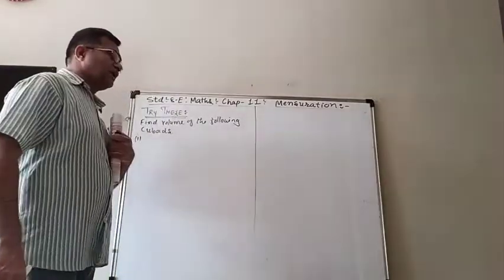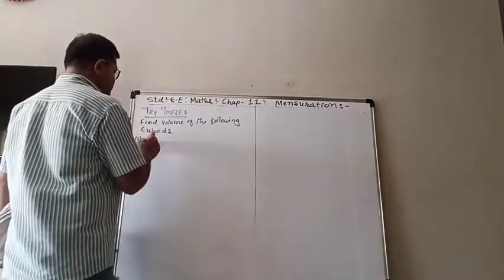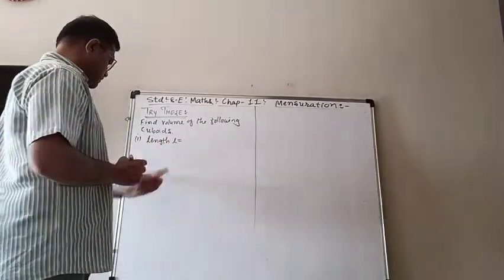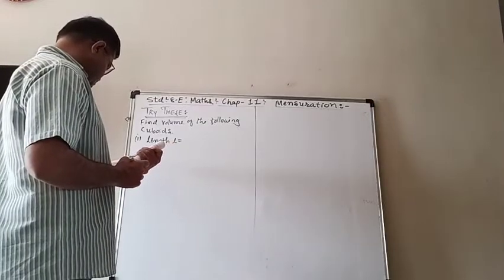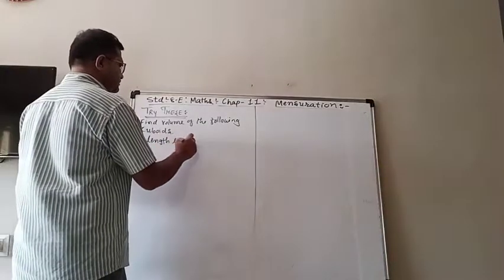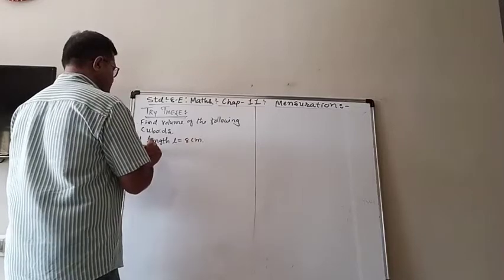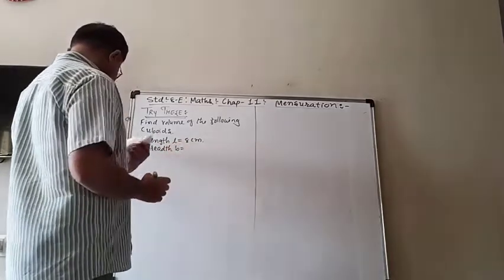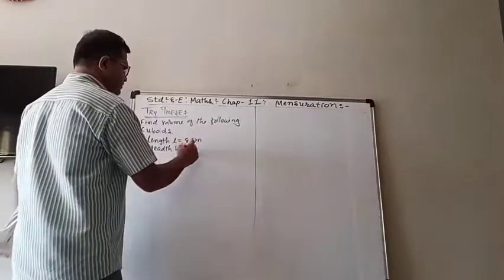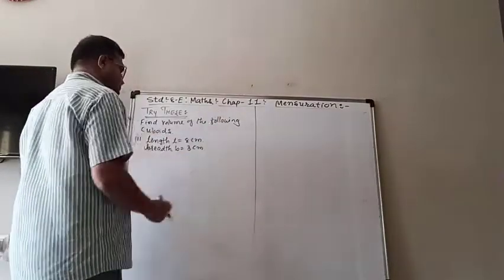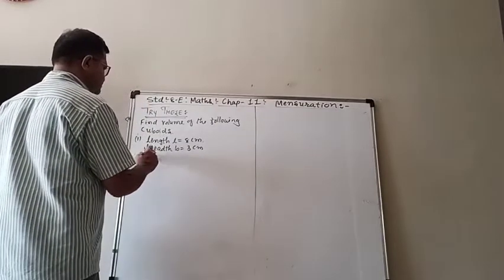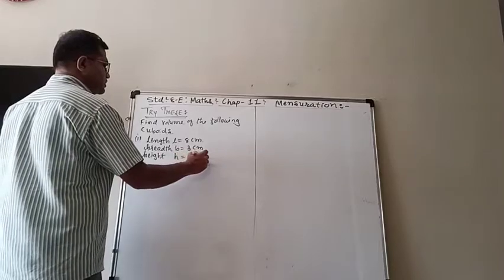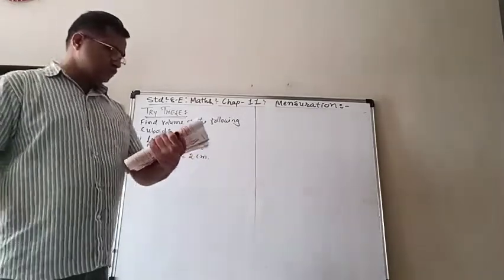I am not drawing the figure, but the dimensions, that length L is given as 8 centimeter, breadth B is 3 centimeter, and you can see the thickness, that is the height H is given 2 centimeter.